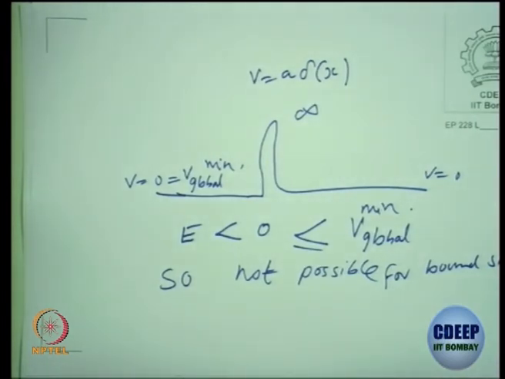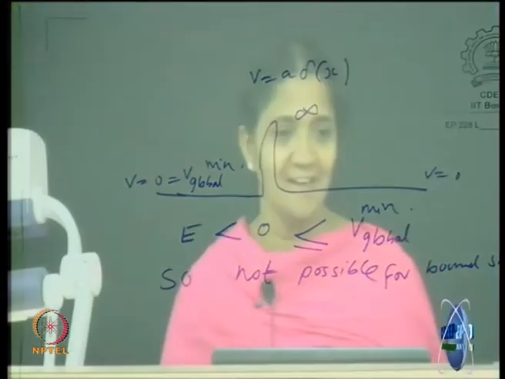So you will think that making an attractive potential repulsive should not change the situation mechanically, because the final result you find for your reflection or transmission coefficient is a function of A squared. You should go and check it. With A going to minus A, it will appear that a bound state is possible.